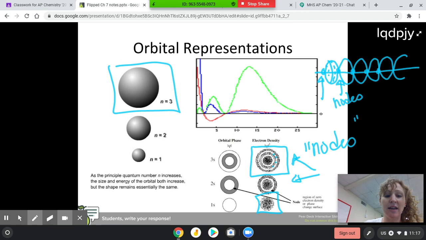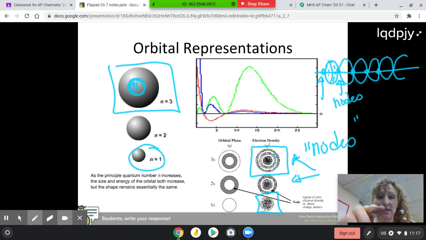Like n equals 1, the 1s sphere is nestled inside the 3s sphere, and the electrons in the 1s sphere repel the electrons from the 3s sphere. So they create this ring, an area where electrons don't typically spend time because of that repulsion.